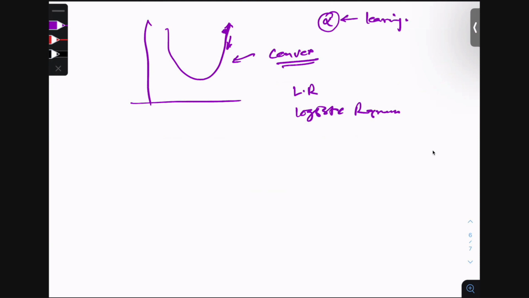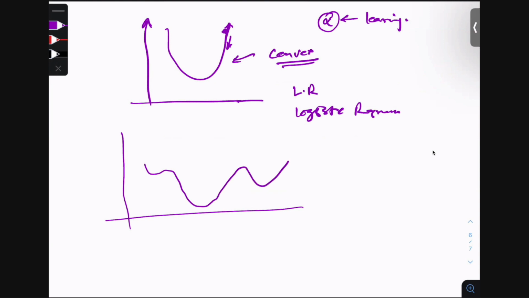Now the question is why it doesn't always converge. One reason could be that my function is not truly convex. Let's say in two-dimensional space you have a function like this. If you start from this point, in this particular valley, you will reach the global minima.